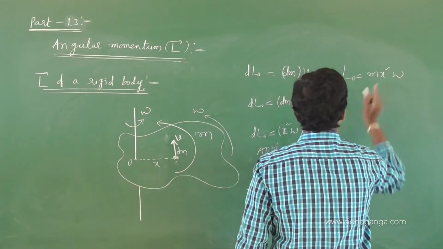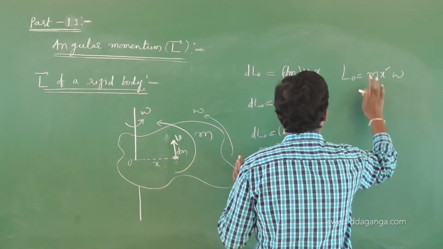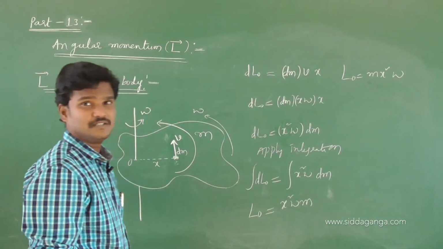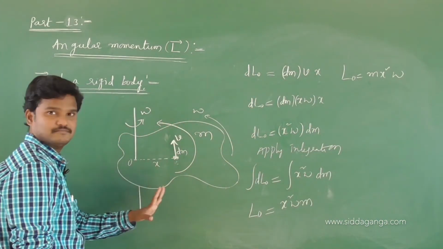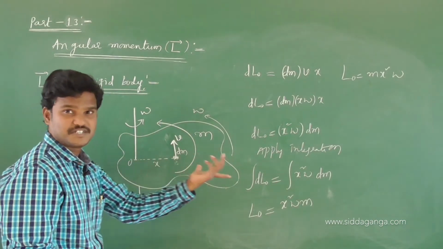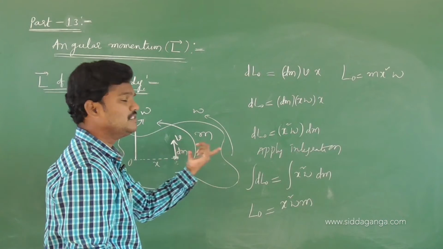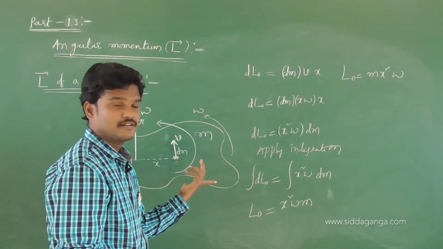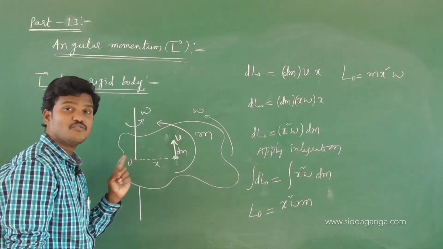And see this m x square, what is this m? M is the mass of this rigid body, the total mass of the rigid body. X is the distance from where? From the axis of rotation.